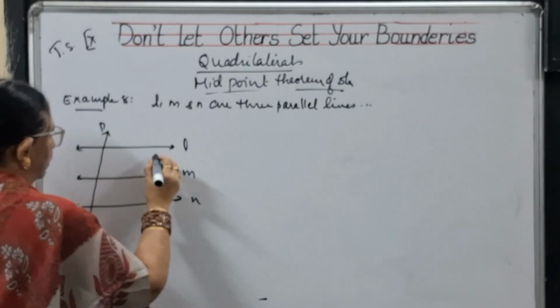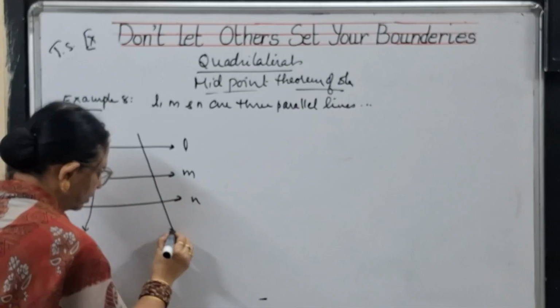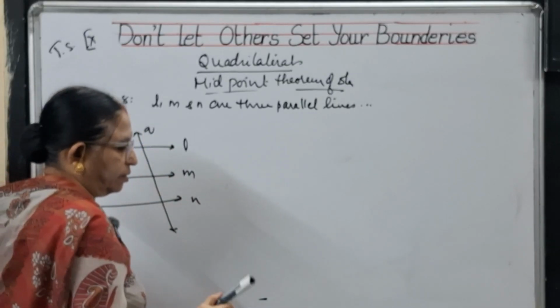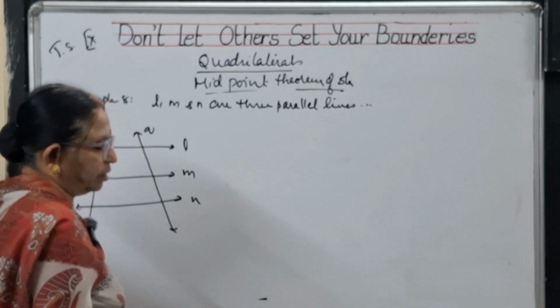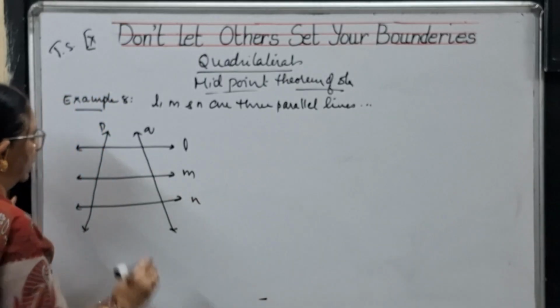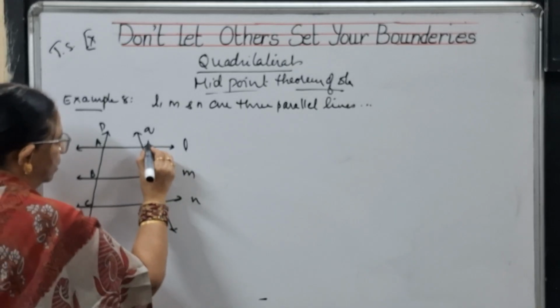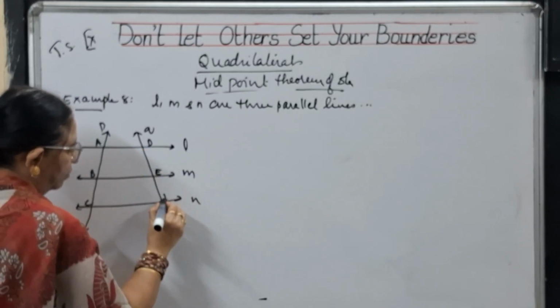This is P, and another transversal like this. This is Q. Intersected by transversals P and Q at A, B, C and D, E, F. This is A, B, C, D, E, F.